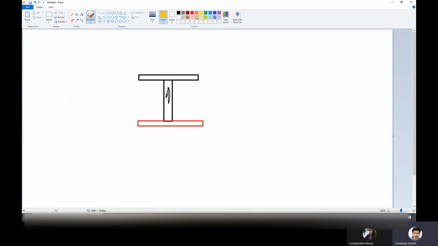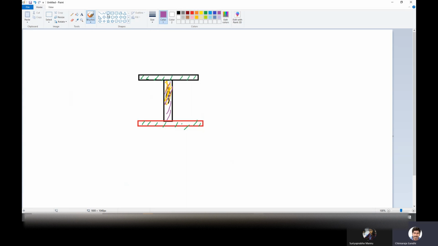This area only we are considering for the shear calculation. Though there is a weld here, this area we are not considering, because it contributes only to the flexural, that means only the bending. So we are not taking it for shear. For the shear calculation, we are taking the web area alone.